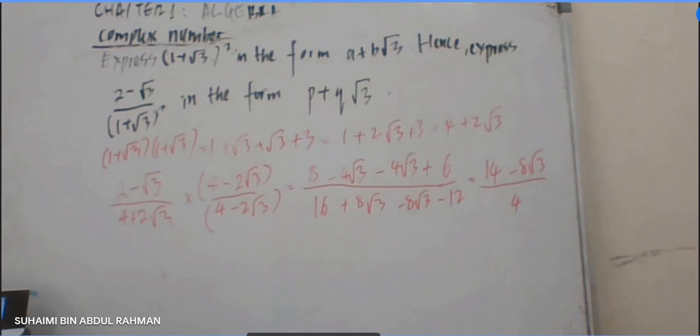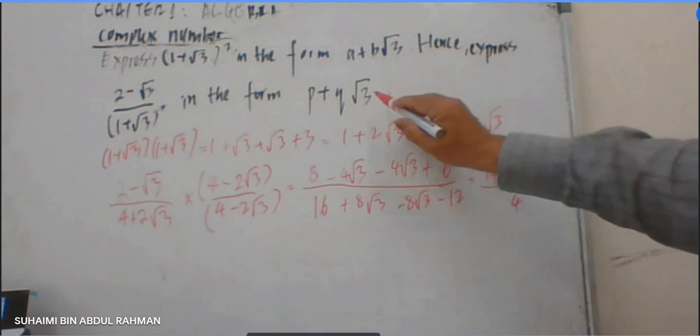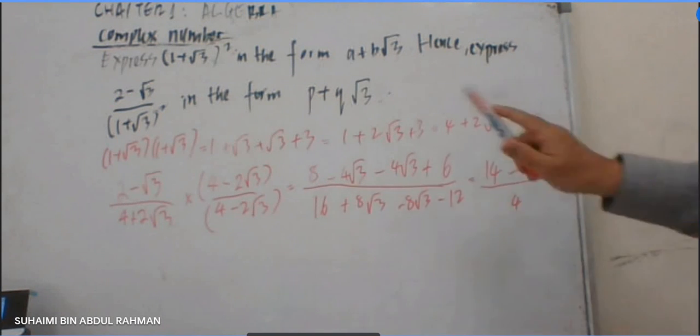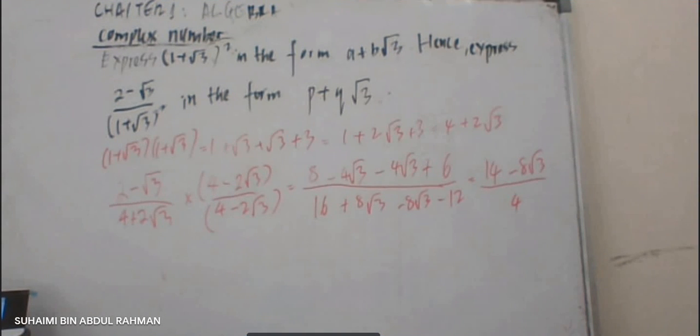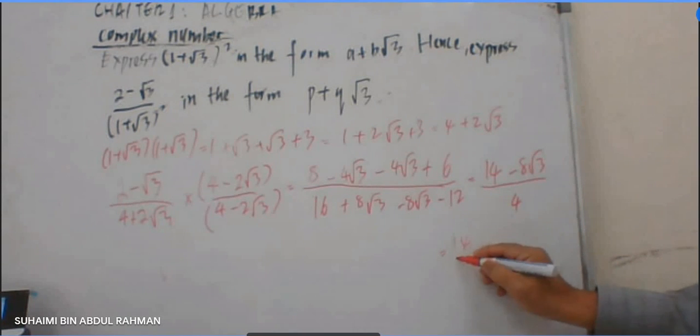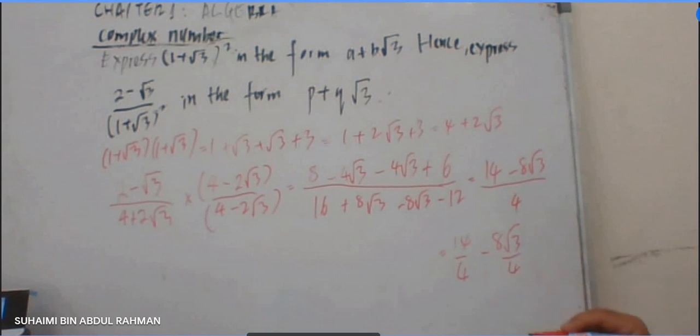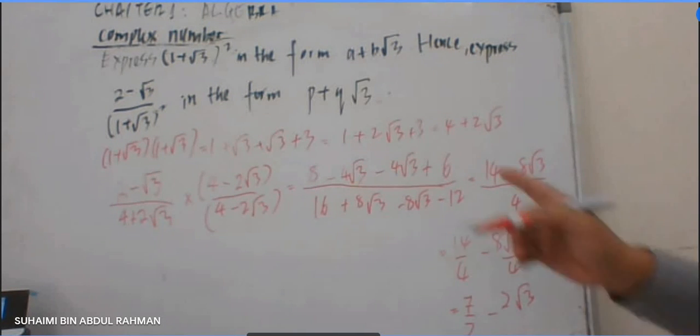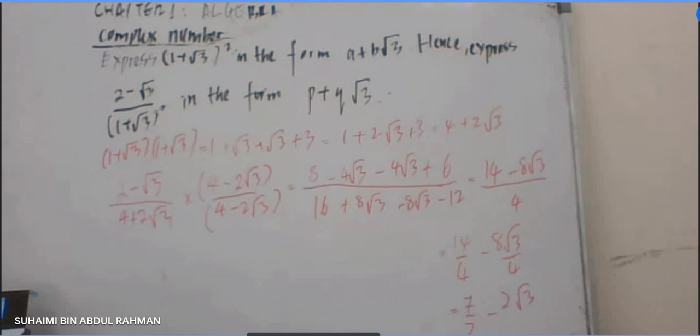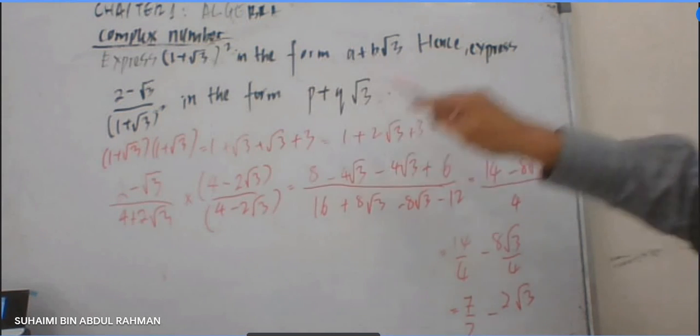Because we want to write in this form, 14 over 4 minus 8 square root of 3 over 4, which is 7 over 2 minus 2 square root of 3. We write in this form.